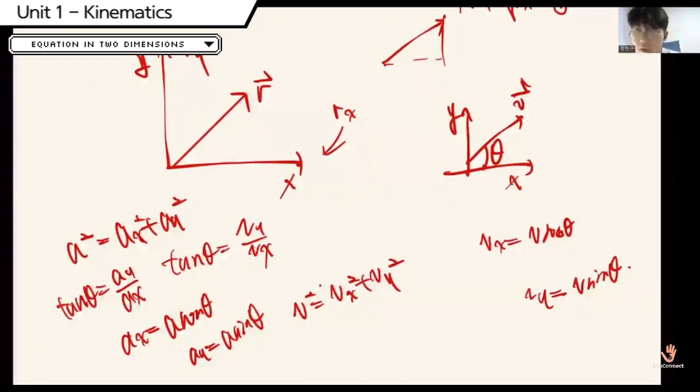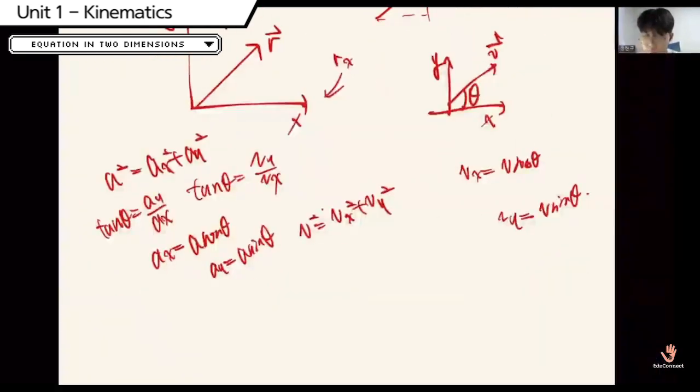To solve two-dimensional problems using kinematic equations, we modify them for each specific dimension. The long kinematic equation for the x dimension becomes x equals x initial plus v initial x times t plus 1/2 a sub x t squared.